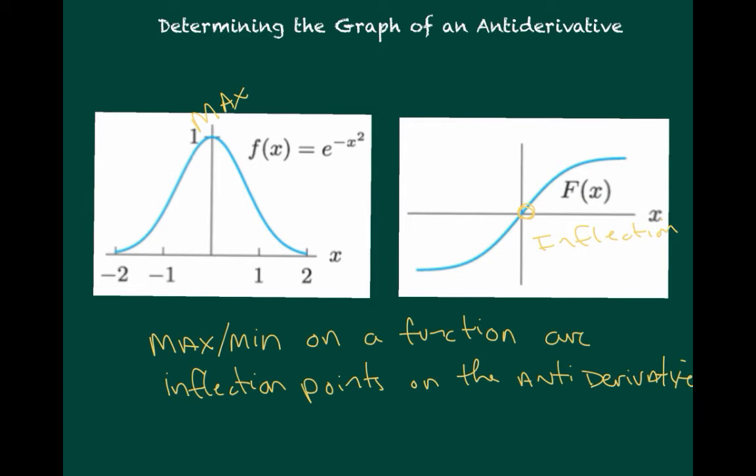Now, it bears mentioning that you'll notice there are no y values on the axis. That's because when we are considering the antiderivative here, as we saw earlier, there's a whole family of antiderivatives.